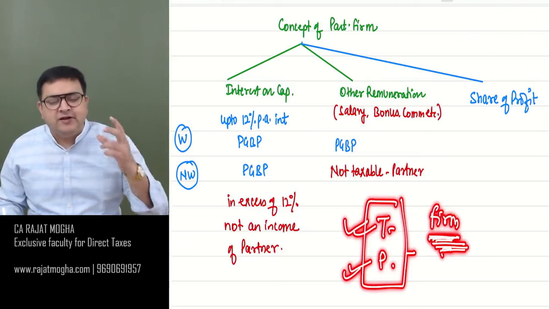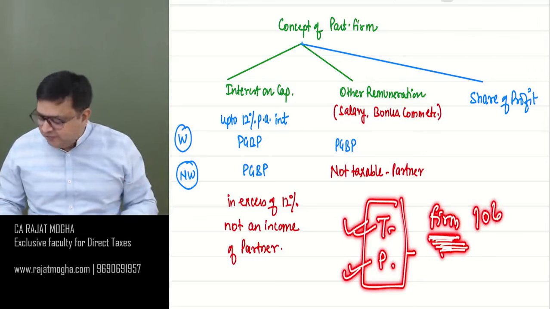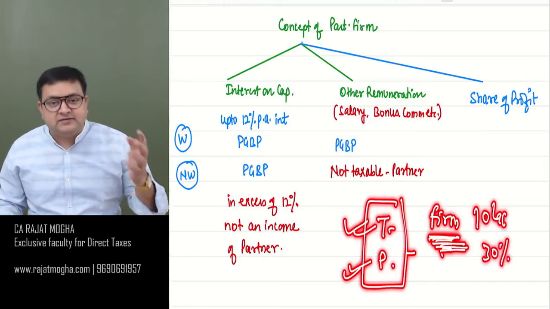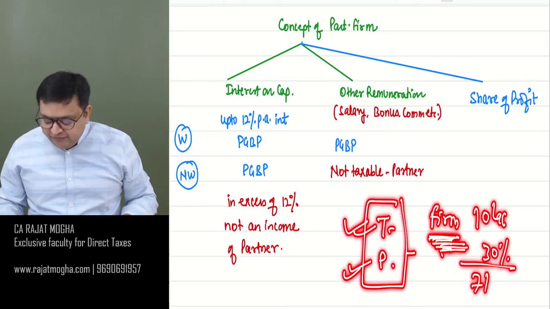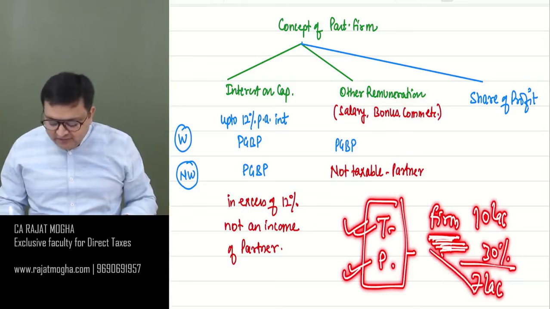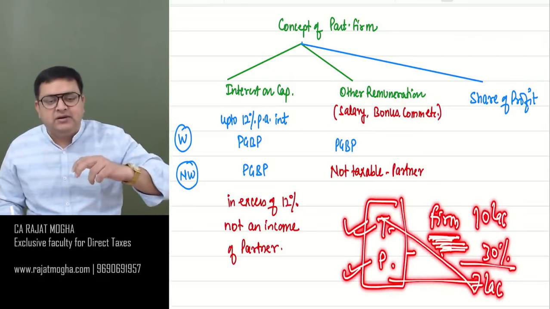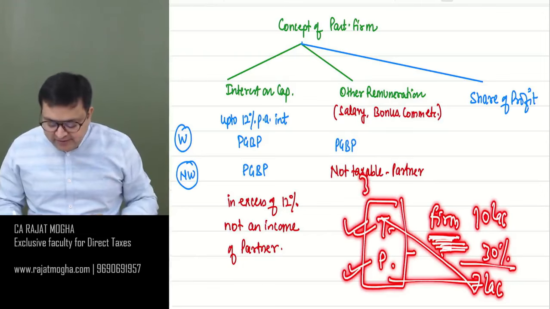So on profit, let's say the firm has earned 10 lakh rupees of profit. Firm will pay 30% tax, 3 lakh rupees tax they will pay. And they will be left with 7 lakh rupees. Now 7 lakh rupees will be distributed 3.5 between the partners, let's say equally. So what do you think? Whether they will pay tax again?